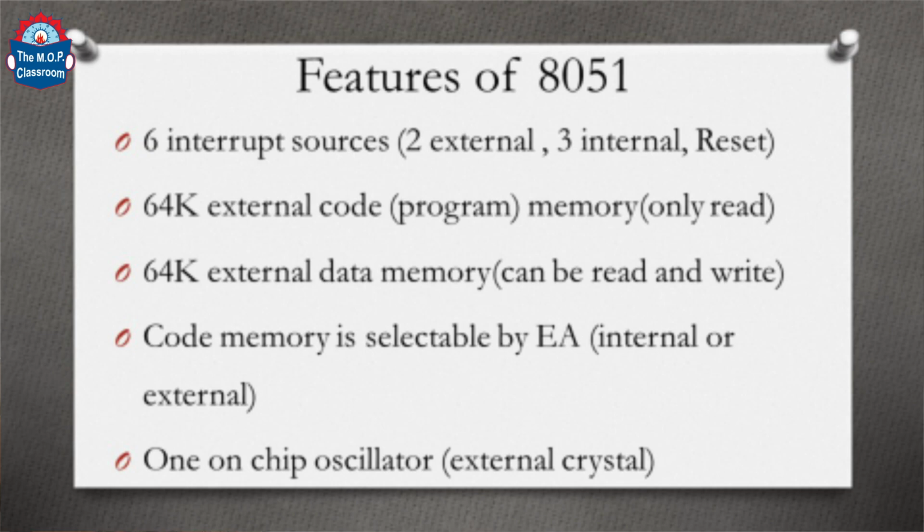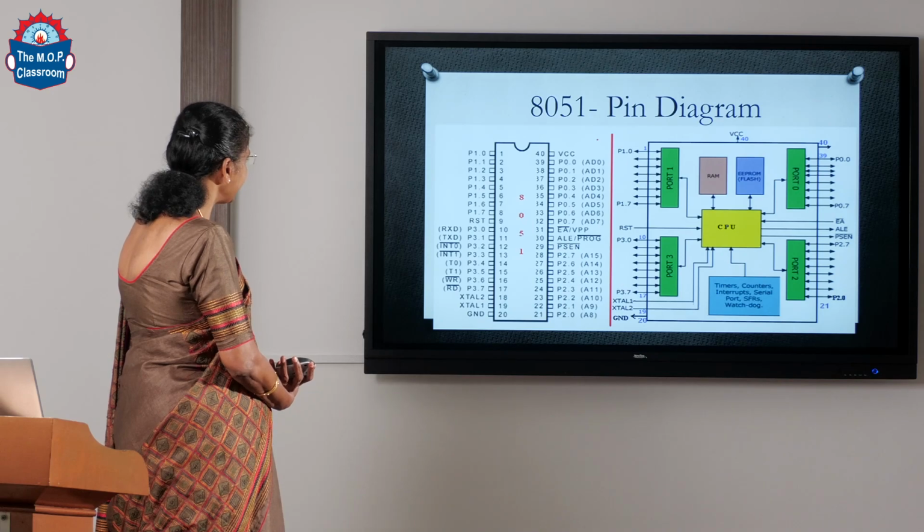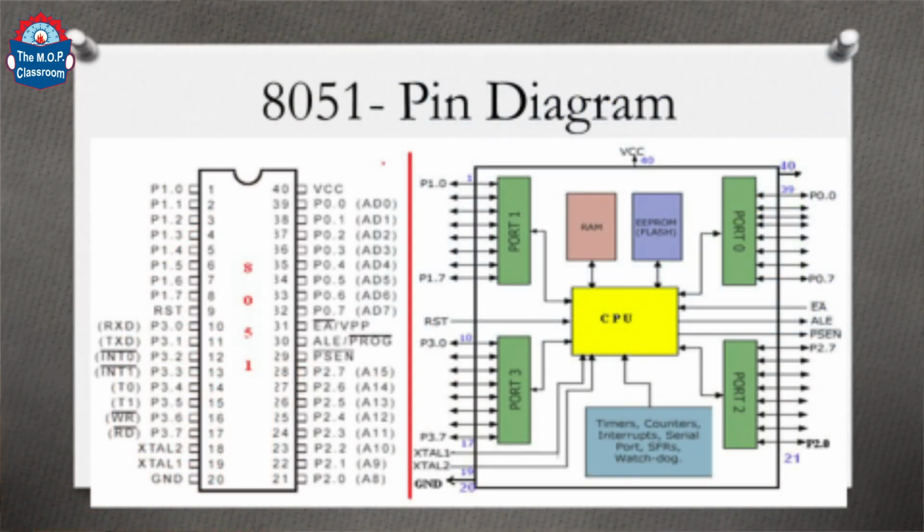And it has external program and data memory. The size of the program memory is 64K and it is only readable, and it has 64K external data memory in which you can read and write. So, you can select whether it is internal or external code memory through EA, and there is one on-chip oscillator to generate clock pulse.